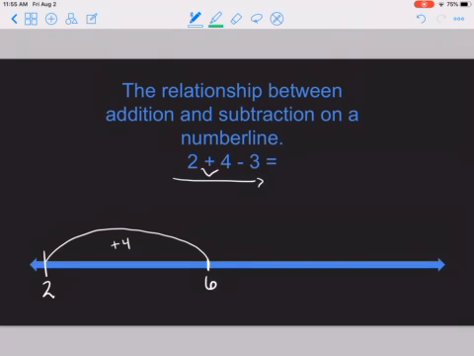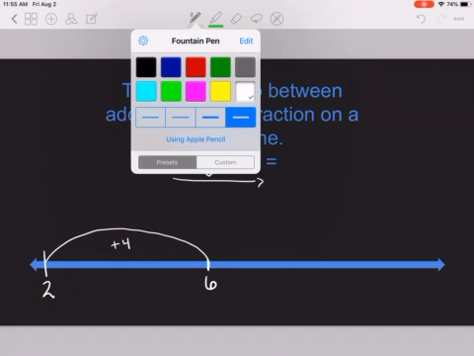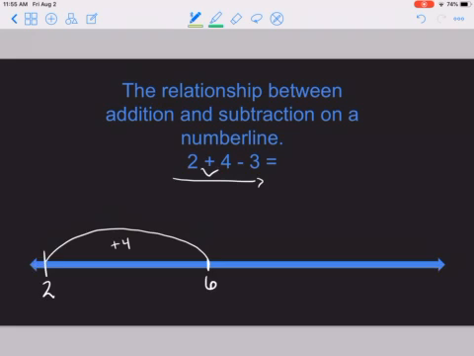So I had 2 crayons, I found 4 more, and now I'm going to give 3 to my friend. So I have 6 and I give 3 away. I don't have those 3 anymore. So I'm jumping back 3. I'm subtracting 3.